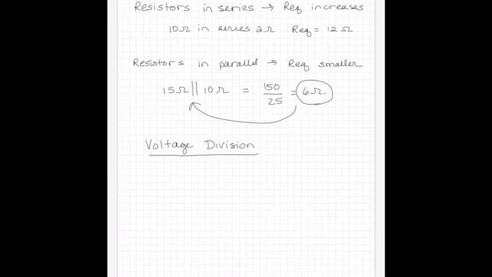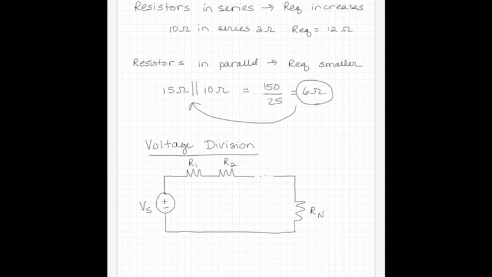So a voltage divider looks like a single voltage source in series with n resistors. We're going to have the voltage Vs, resistor R1, resistor R2, and a resistor R sub n. I'm going to use a capital N since I used that in my notes.